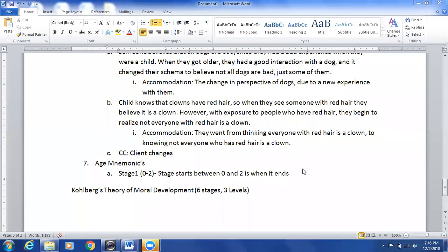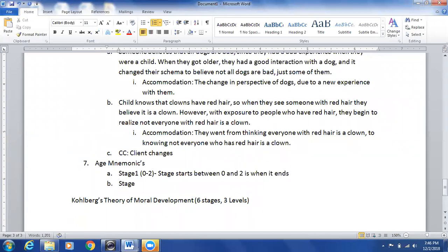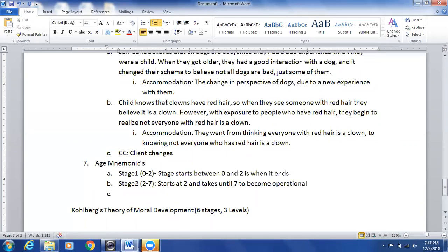And then the next stage, stage 2, is 2 to 7. And the little ditty: it starts at 2 and takes until 7 to become operational, because remember that's pre-operational.